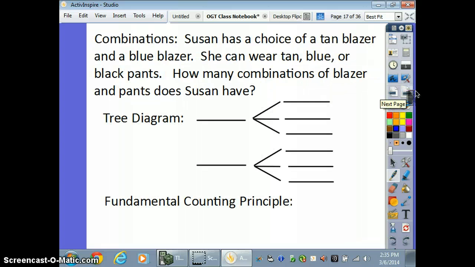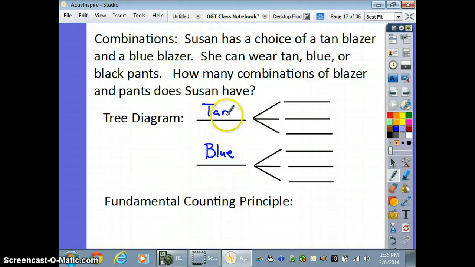A tree diagram. Susan has a choice of a tan blazer or a blue blazer. She can wear tan, blue, or black pants. How many combinations of blazer and pants does Susan have? If they ask you to make a tree diagram, you start out with the blazer.